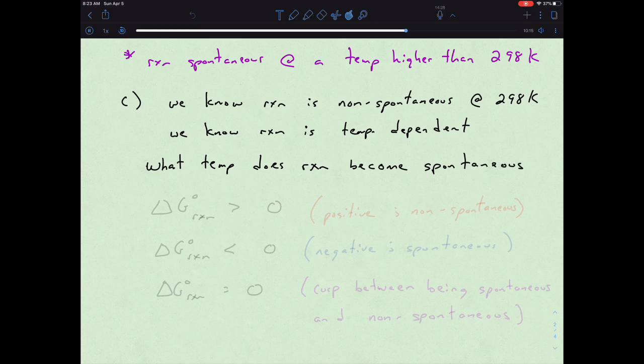And so for that, we have to go back to our Gibbs free energy expression, or really just Gibbs free energy in general, right? That if we have a delta G of the reaction that is greater than 0, well, this is positive, and this is non-spontaneous.